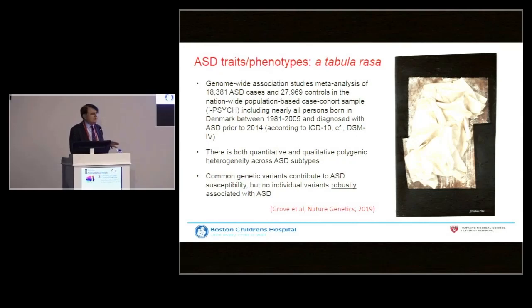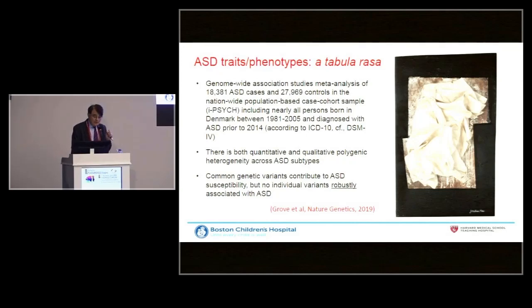The genome-wide association studies that people are conducting at the moment include a recent meta-analysis published in Nature Genetics in 2019. This very large-scale study of 18,000 ASD cases, diagnosed according to DSM-4, showed both quantitative and qualitative evidence for heterogeneity of autism.